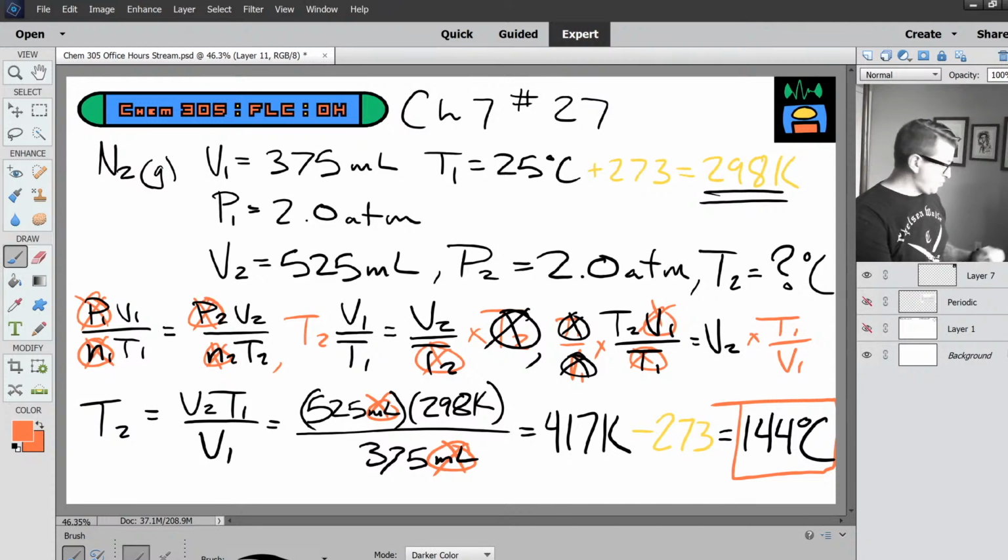All right, so chapter 20, not chapter 20, chapter 7, number 27 is a combined gas law problem. I'm just going to be bouncing around, so let's hop over to chapter 8.